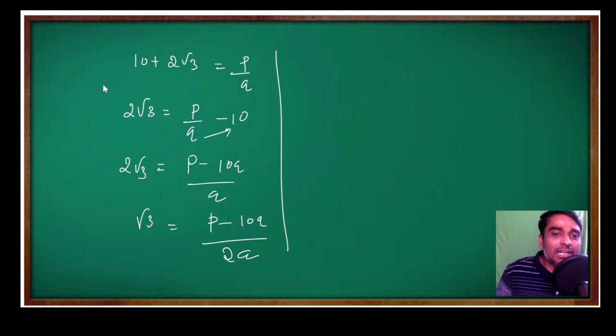After doing this, you will write a statement. What statement you will write? Root 3 is irrational. Root 3 is what? Irrational.